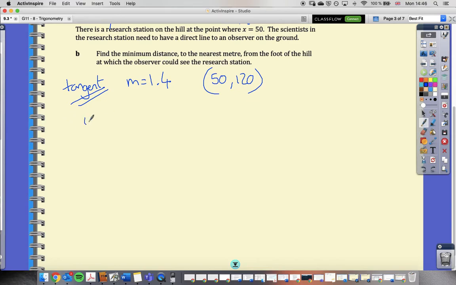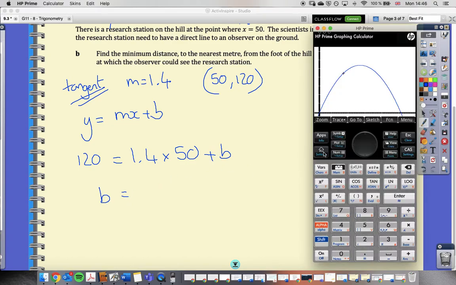Okay, so y equals mx plus b, 120 equals 1.4 times 50 plus b, and so b equals 120 minus 1.4 times 50.